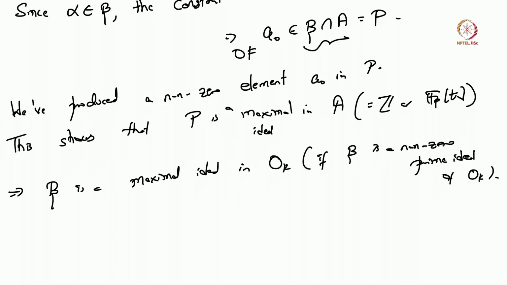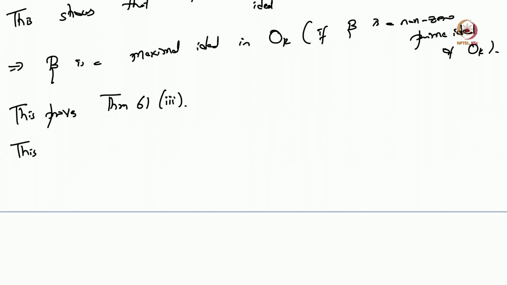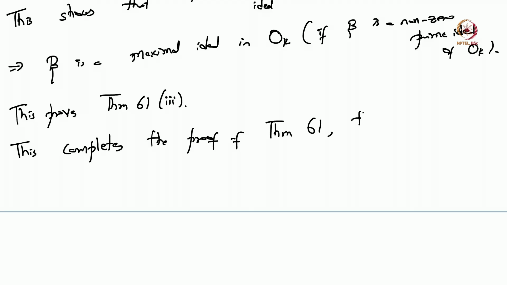Okay, so this proves the third part of theorem 61, and so this completes the proof of theorem 61 that OK is a Dedekind domain.